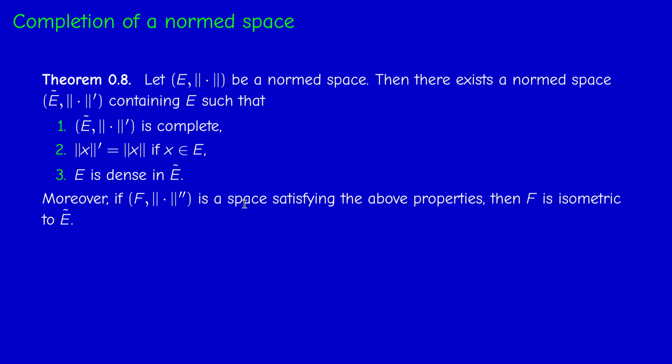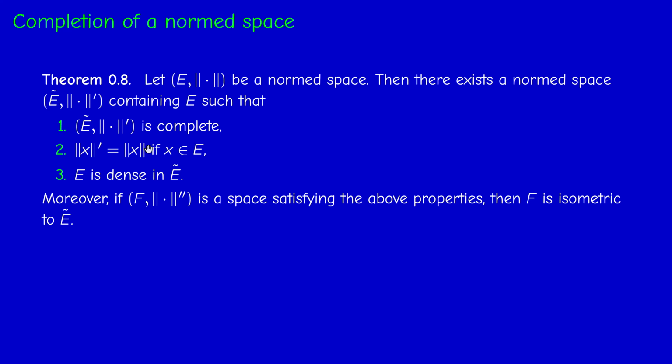This is called the completion of E. And if F is another space satisfying these three properties, then F is isometric to E tilde. So otherwise stated, if I have an incomplete normed space, then I can embed it in a bigger one which is complete.